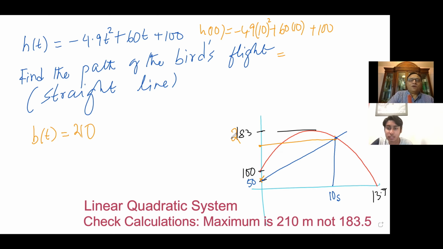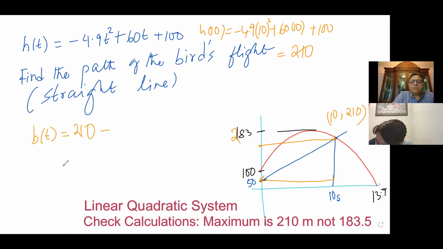So then we know this is 210, right? So this coordinate point is (10, 210). You know the slope, y2 minus y1, you can find the slope, and you can get the equation since you know the y-intercept. Because we already know one point and then we found the other one.